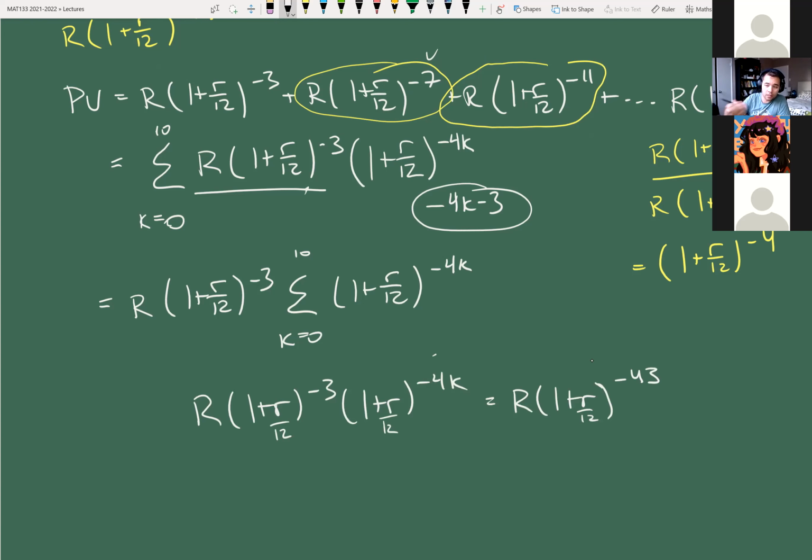So this is a direct message for some of you wondering how we get k equals 10. The question is what value of k makes this true? If you look at the exponents, you get negative 4k minus 3 equals negative 43. If you solve that for k, you get k equals 10. And that's how you figure out the top number there.